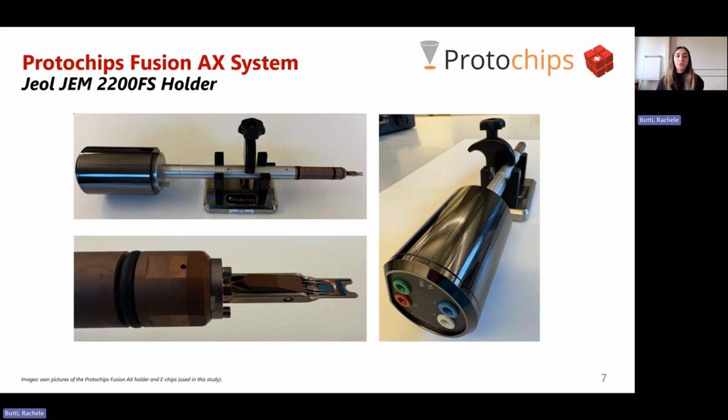So this is, for example, a Protochips Fusion holder that we use in our lab, and this is for the GeoGEM microscope that we have. In the figures you can see the holder and also the mounted chip on it, which is in contact with the heating electrodes that are part of the Fusion single tilt holder.